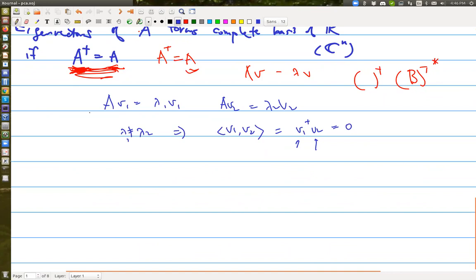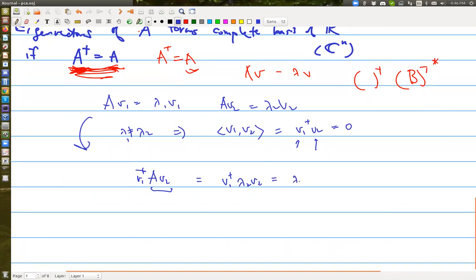And again, I can prove that basically in the same manner. Consider V1 Hermitian A V2 here. Now do the same thing, I can multiply this side. I have V1 Hermitian A V2, and A V2 is equal to lambda 2 V2, right?